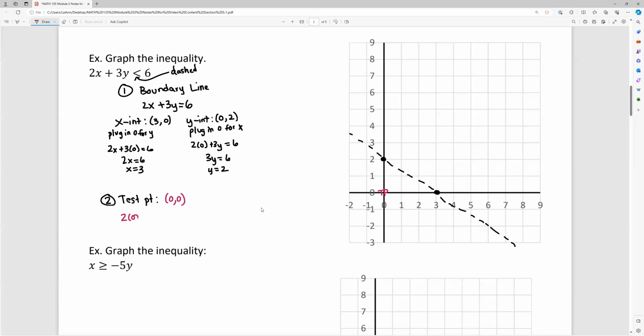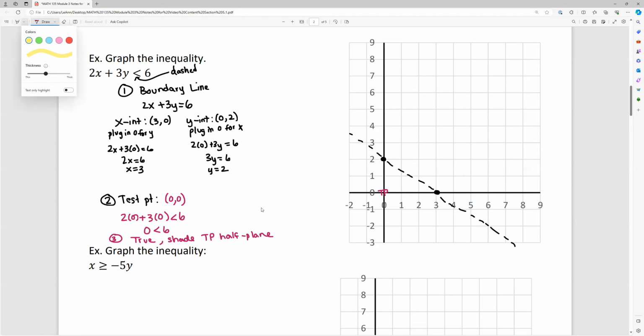So 2 times 0 plus 3 times 0 less than 6. That's going to be 0 plus 0, so that's just 0 less than 6. Now that statement, this is actually starting part 3, is true because 0 is less than 6. So we're going to shade the test point half plane.